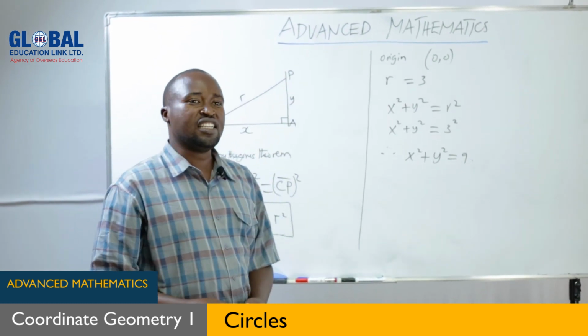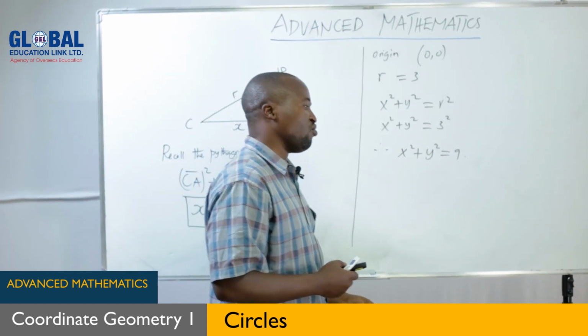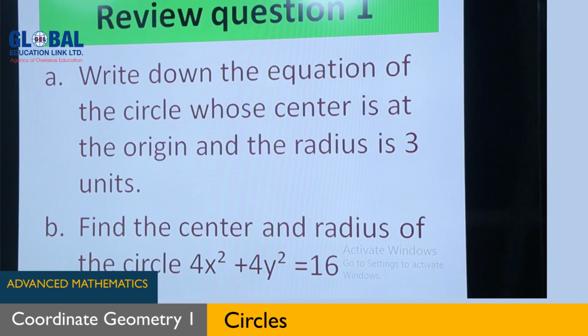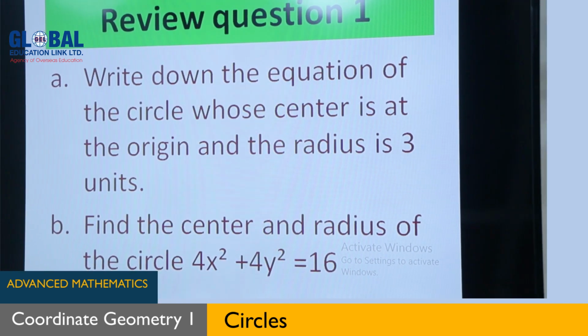My dear student, again, let us proceed with the second review question. That is B. Find the center and radius of the circle 4x squared plus 4y squared is equal to 16.